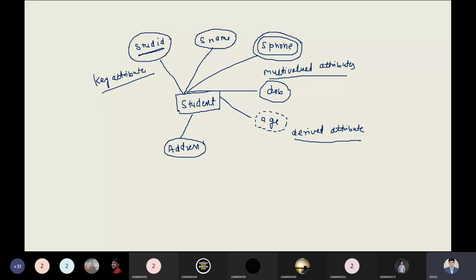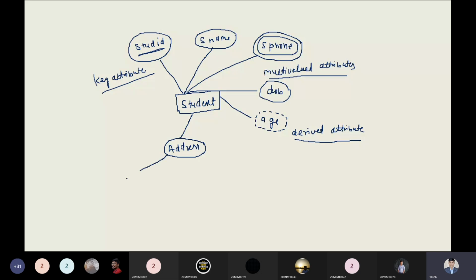Suppose we are drawing our model to define that a particular attribute is followed by a composite attribute. How can I draw it like this?